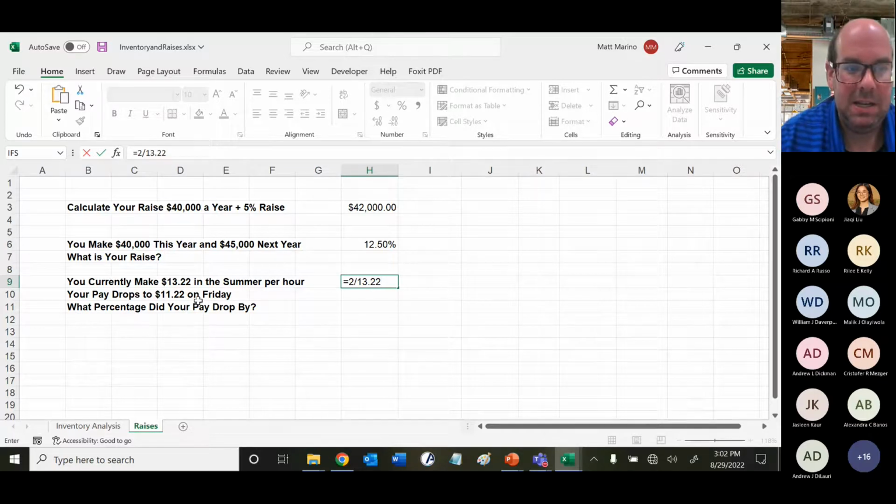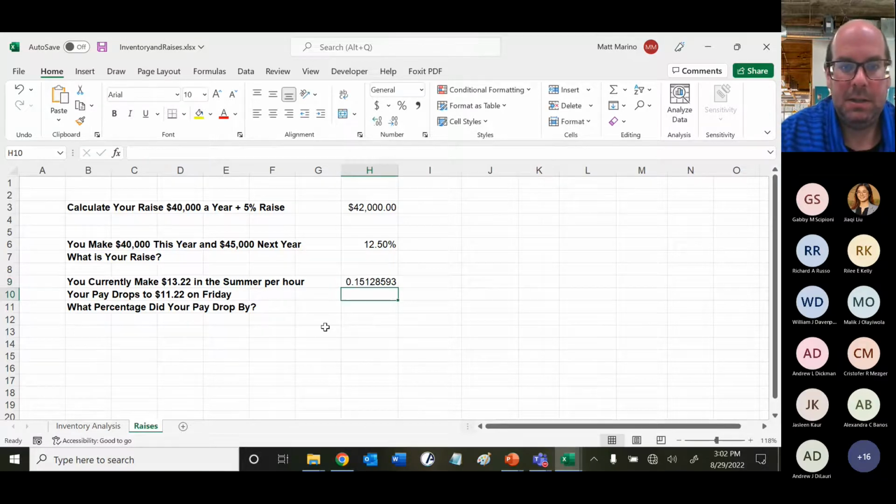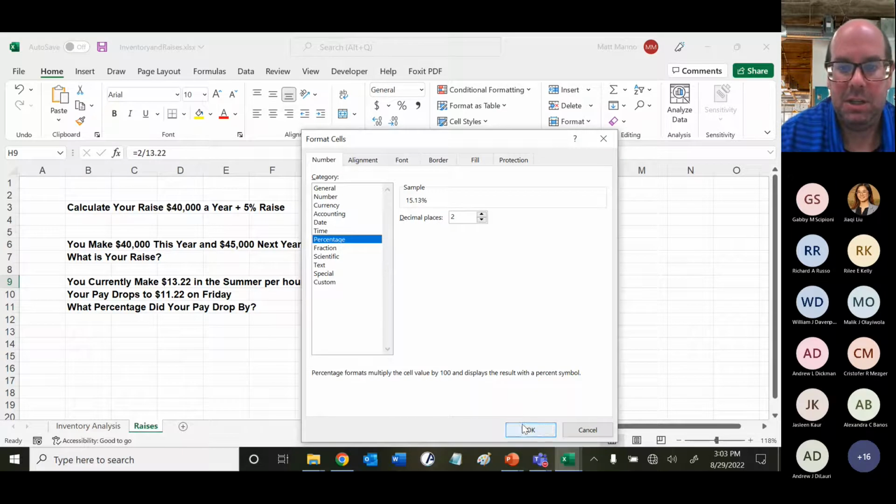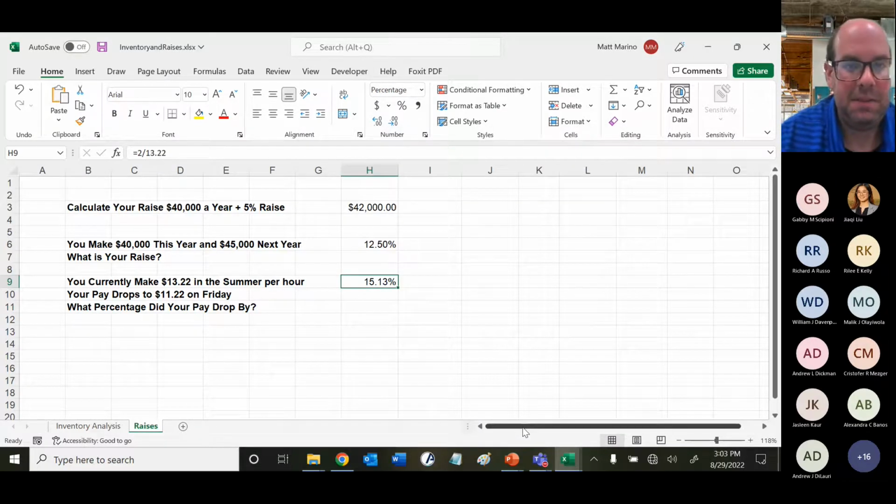Everybody see that again? 13.22 minus 11.22 gives us 2 divided by the old wage of 13.22. When you hit enter, we format to percentage, and we get 15.13%.